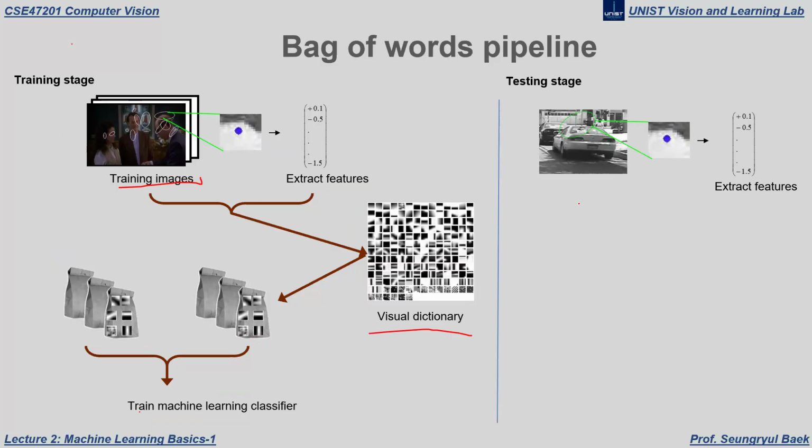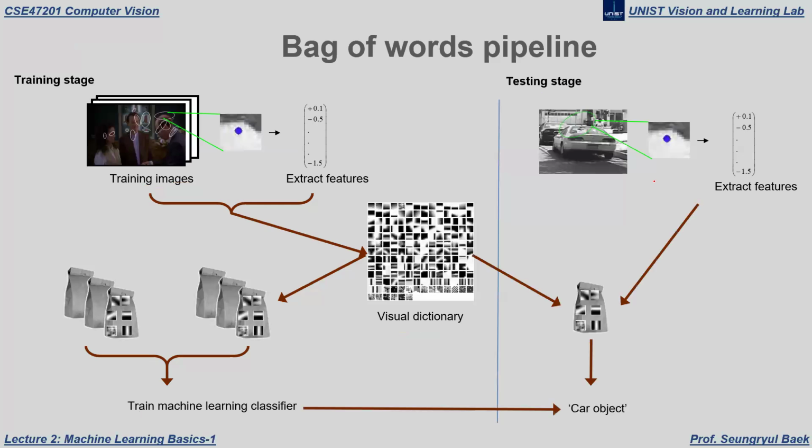And then for the new testing image, we extract the features again and find the histogram of visual words by mapping the features of each local patch into one of the visual words.